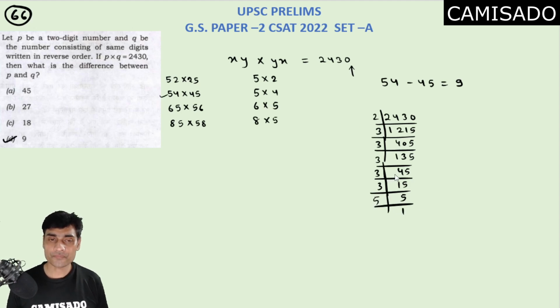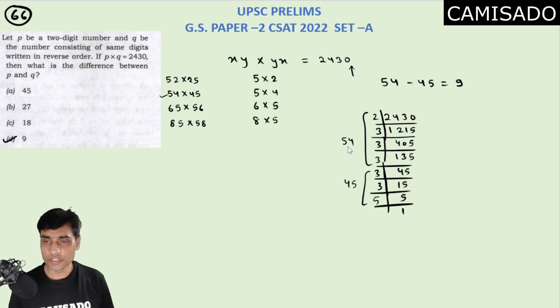So I am looking for numbers whose product is 2430, and I also want to break it in the 54 and 45 type. So when you take the numbers 2 into 3 and so on, 2 3s are 6, 6 3s are 18, 18 3s are 54, till here you will get 54, and here you will get 45. The digits are in reverse order, and the product is also 2430. So here also we can get the idea that the numbers are these, and the difference is again 9.